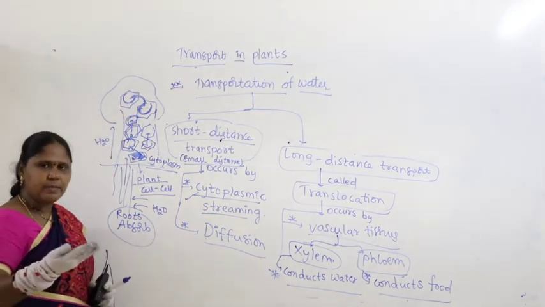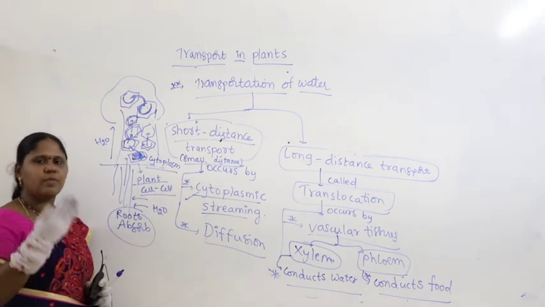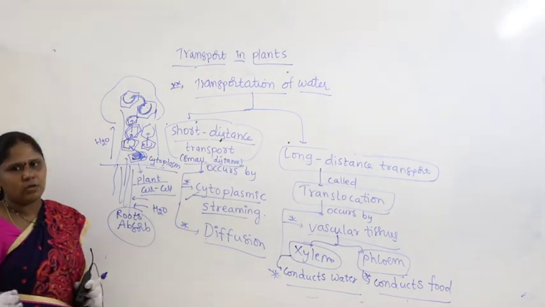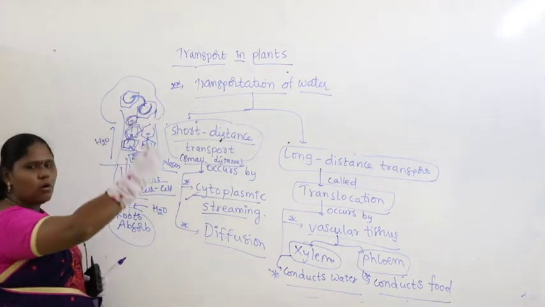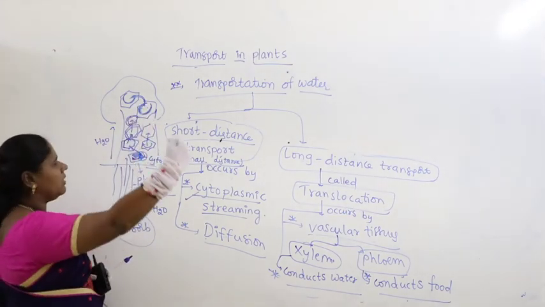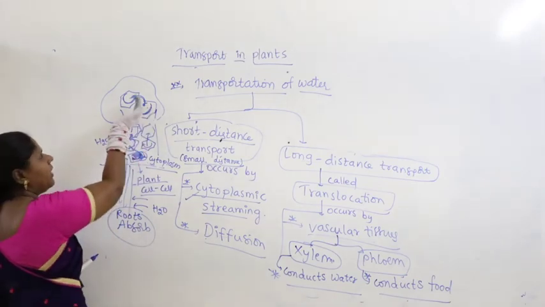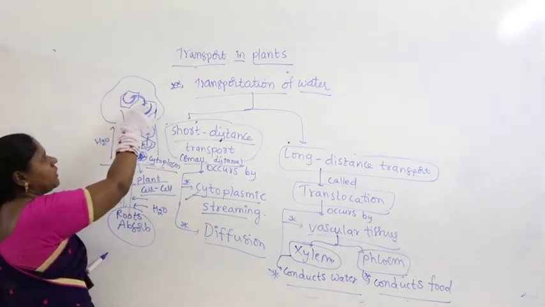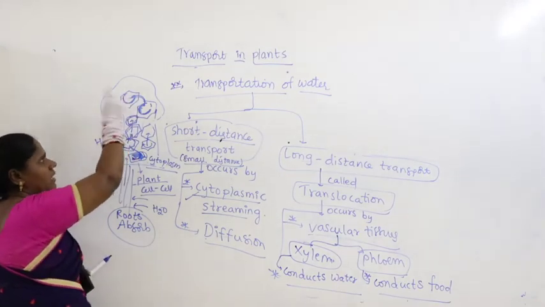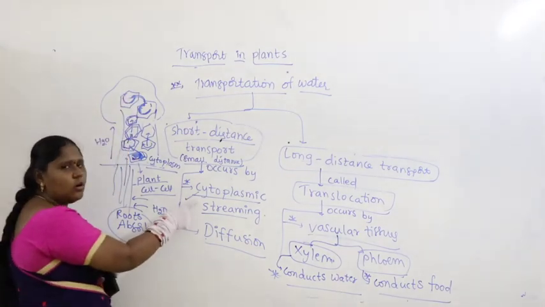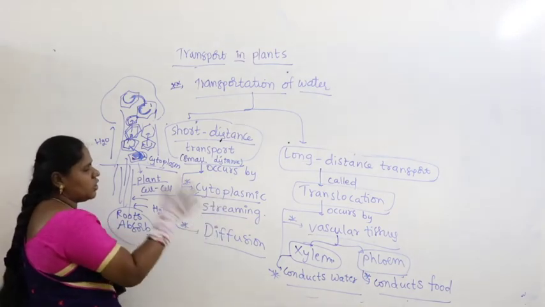It takes all the water and minerals along with it and pushes them outside the cell, so that all the water and minerals go to the next neighbor cell. That is what is called cytoplasmic streaming.